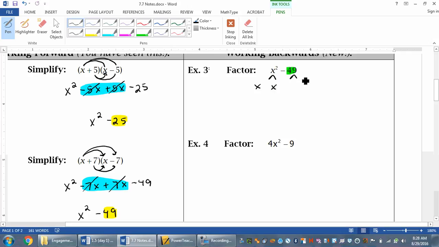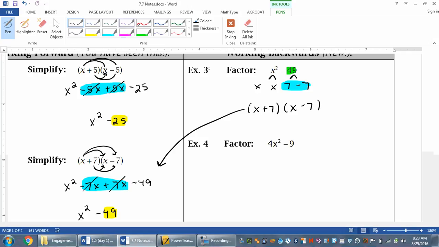Since 49 is a perfect square, we're going to factor it into 7 and negative 7. Remember, because there is no middle term, it has to add to 0. 7 and negative 7 add to 0. And I factor it as x plus 7, x minus 7, which you recognize from example number 2.